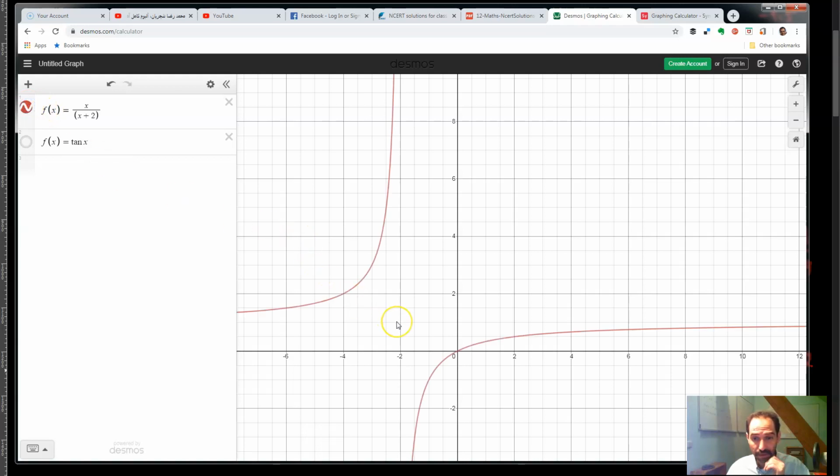You see over here, this function gets an asymptote. You see that it tends to x is equal to -2, which is this vertical line here, and also the function tends horizontally to this line, which is y is equal to 1.